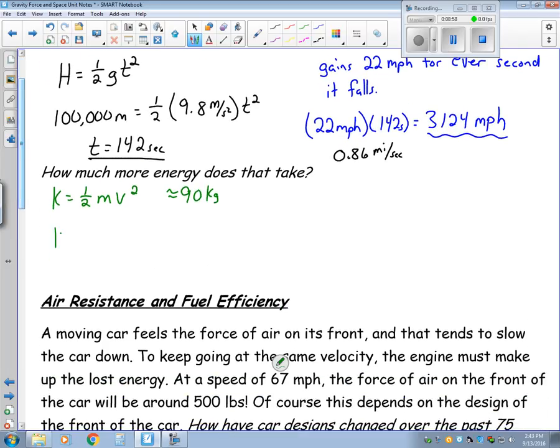So, my kinetic energy is 1/2 times 90 kilograms times that speed, which we need to convert into meters per second. This comes out pretty close to 13 meters per second.